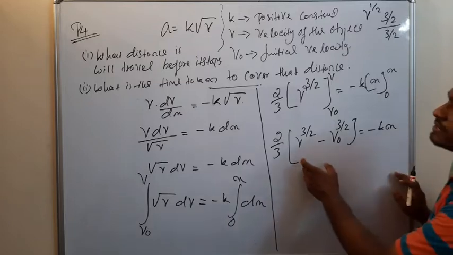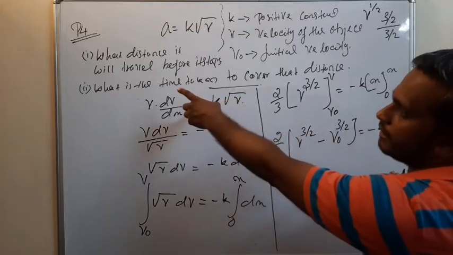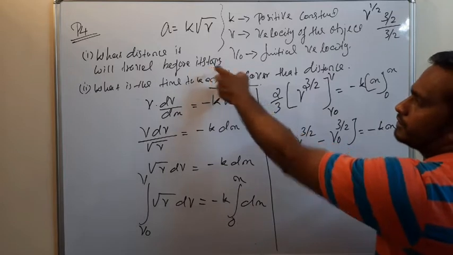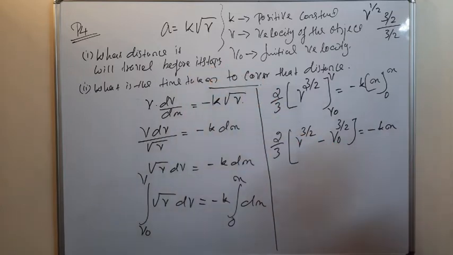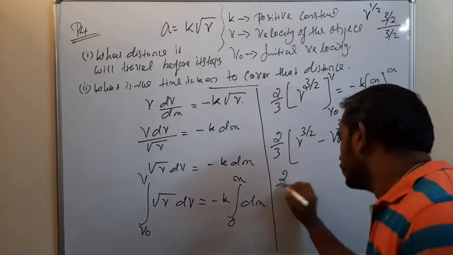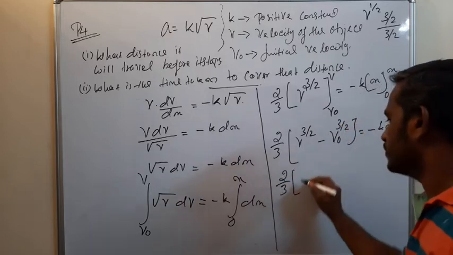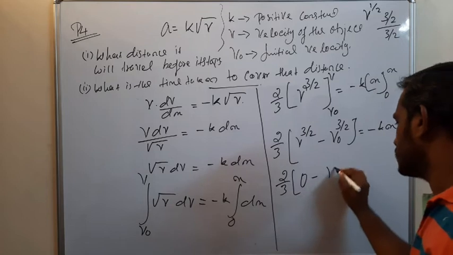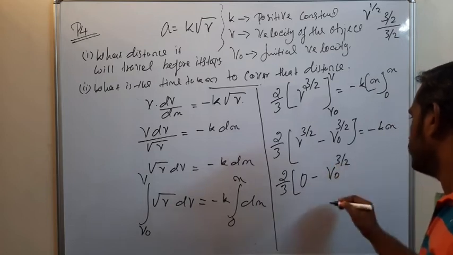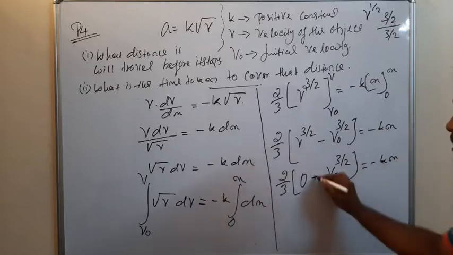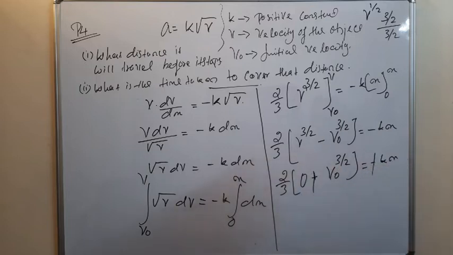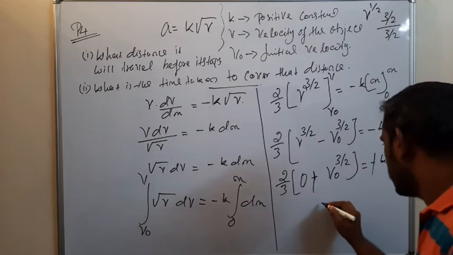So what distance will it travel before it stops? Before it stops means the final velocity becomes 0. So 2 by 3 into 0 minus v0 power 3 by 2 is equal to minus kx. The minus cancels.